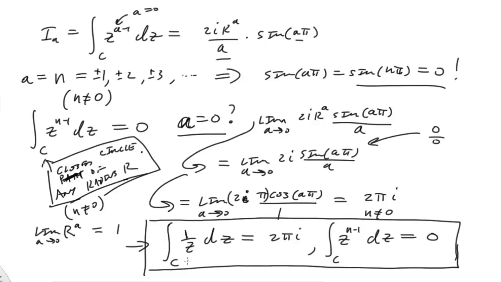So the only power of z that yields any non-zero result from the integral is 1 over z. All the other integers, that means any integer power of z other than 1 over z, will yield 0 as the closed path integral result around a circle of any radius. Okay, so thank you very much.